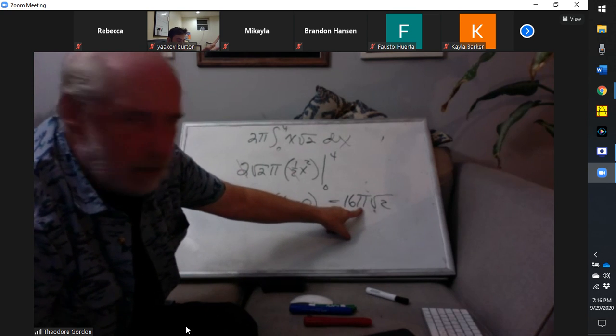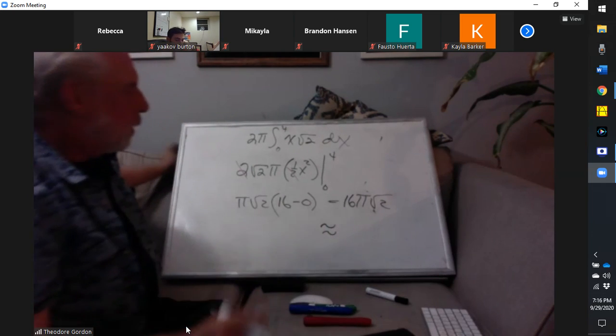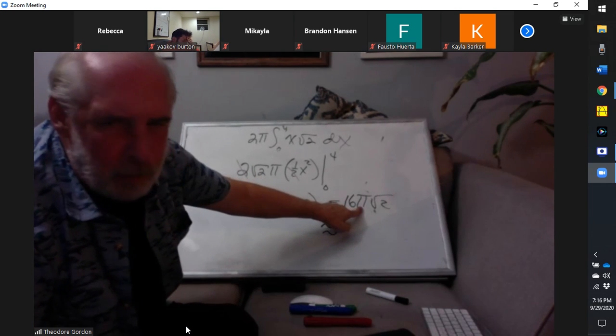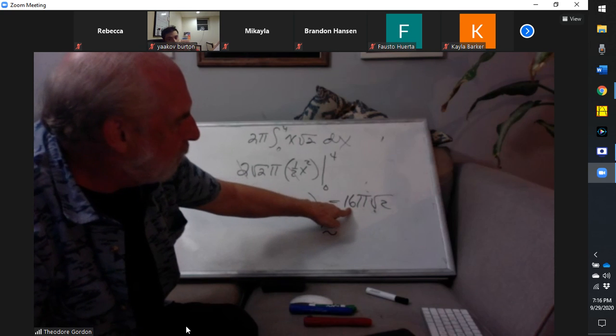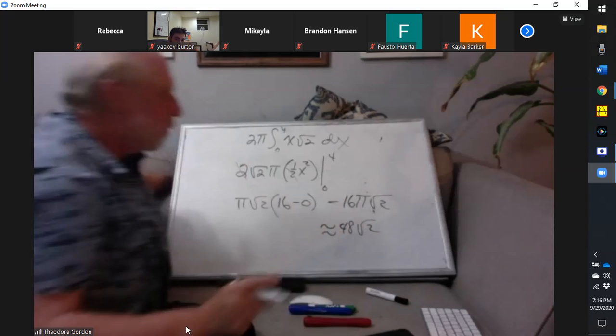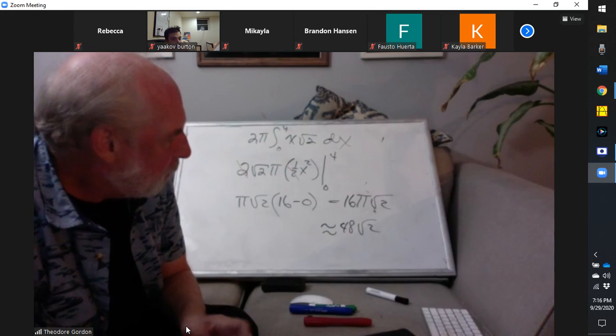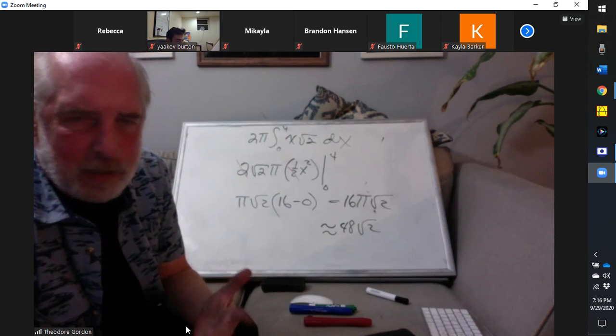So here's an approximation. Pi is about 3. So 3 times 16 is 48. The square root of 2 is a bit bigger than 1. So your answer is going to be somewhere around 50 or 51.